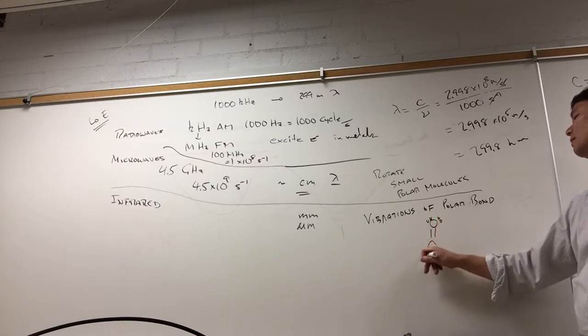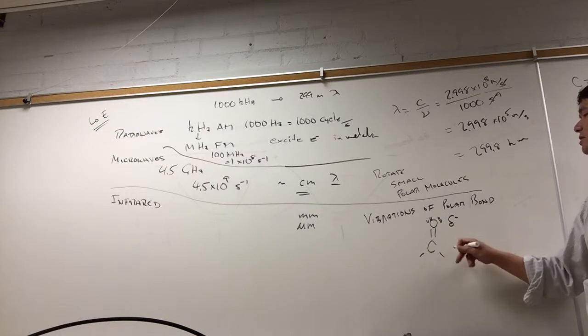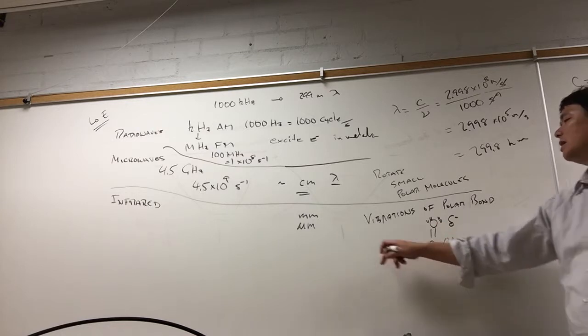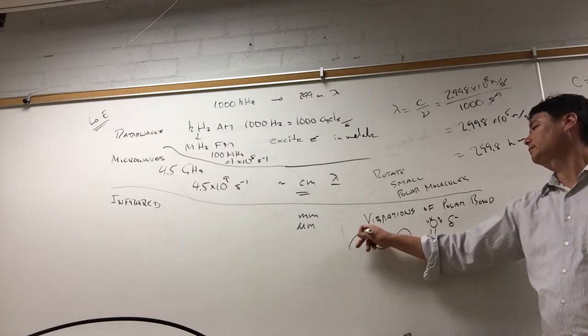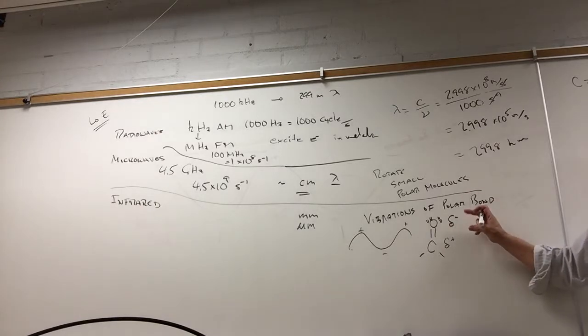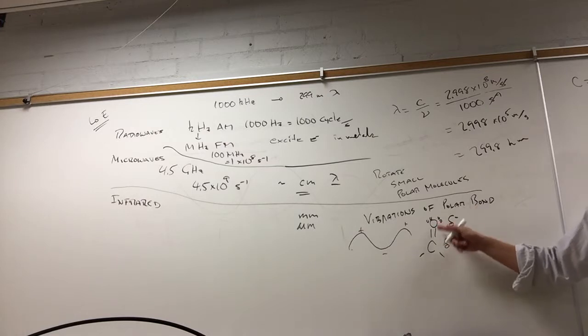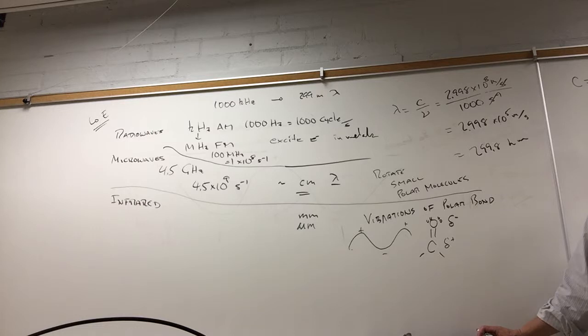The carbon might be bonded to other stuff. We have a polar bond here because the oxygen end is delta minus, the carbon end is delta plus. If we have an oscillating field, plus, minus, and this hits the bond, it's going to cause the bond to oscillate. As the bond oscillates, because the atoms are charged, that's going to cause it to heat up. And so infrared causes vibrations of bonds to occur.